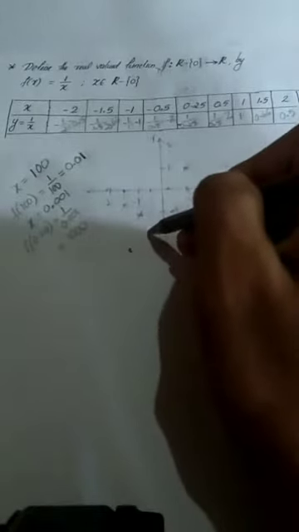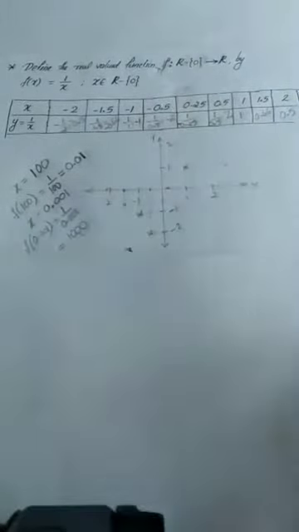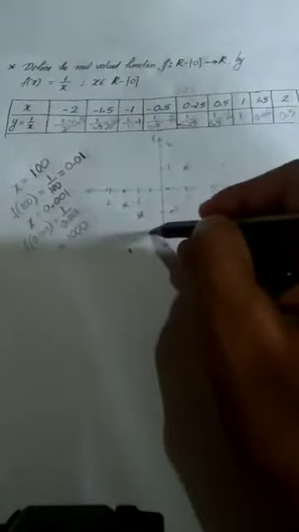So -0.5 is here. What is the value of -0.5? Image of -0.5 is equal to -2. So this is -0.5, this is -2. So look at here. This is our graph. And on the positive side, image of 1 is equal to 1.